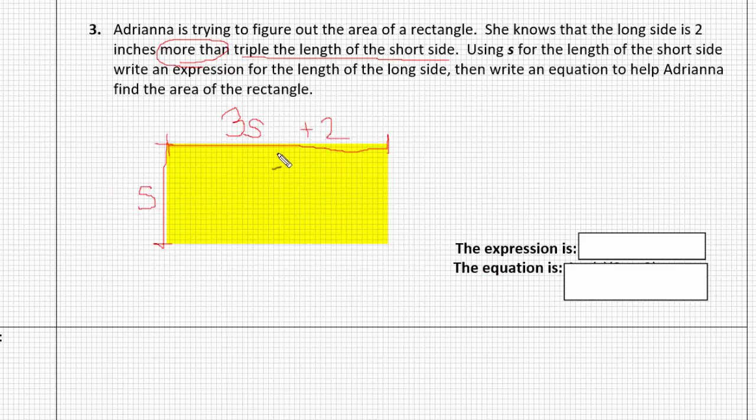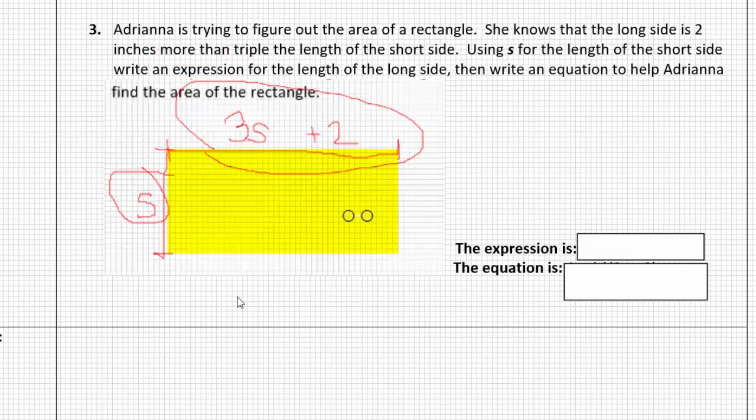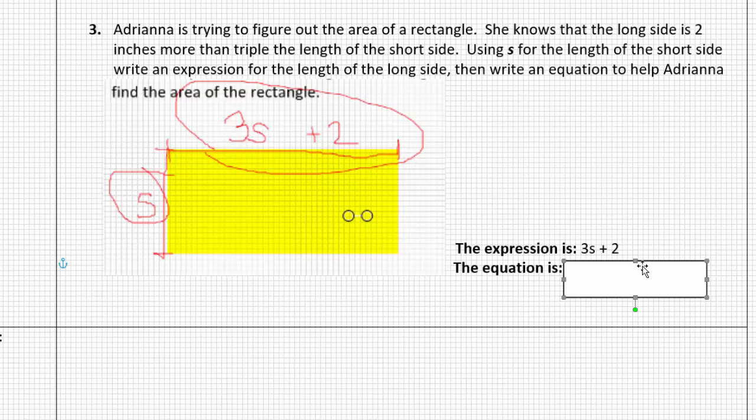And now, since we need to find the area, we need to multiply this length times this length. That's how we find the area. So the expression for the long side of that rectangle, as we showed previously, would be 3s plus 2. So the equation for finding the area, we talked about it, but here would be the official form.